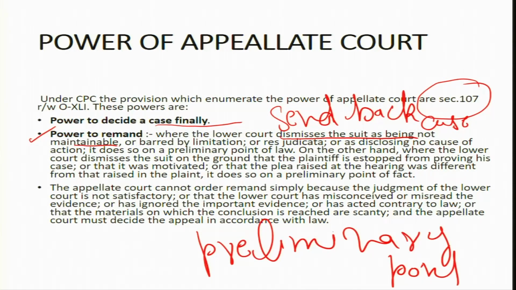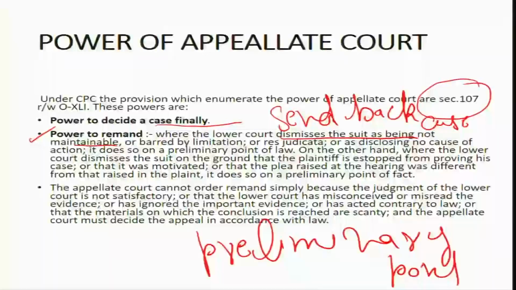Now you are before the appellate court and you are asking for the power of remand. Remand means sending the same case back before the lower court and directing the lower court to try it again, because it has committed this error. So this is a very rare and very special power of remand.